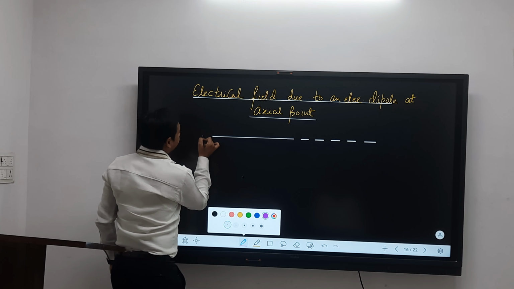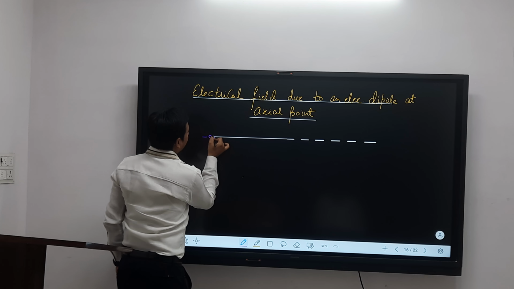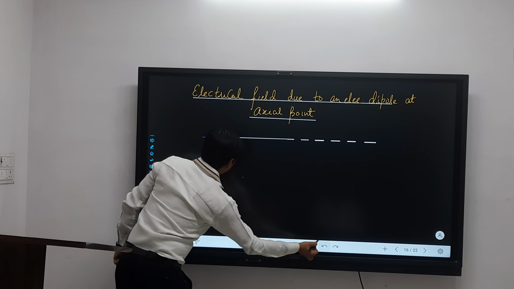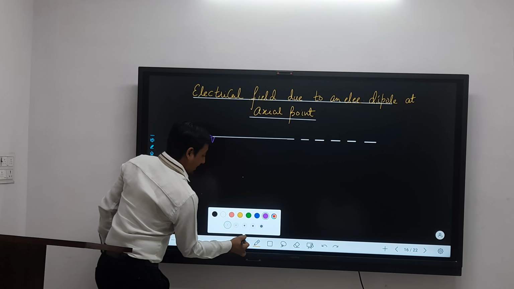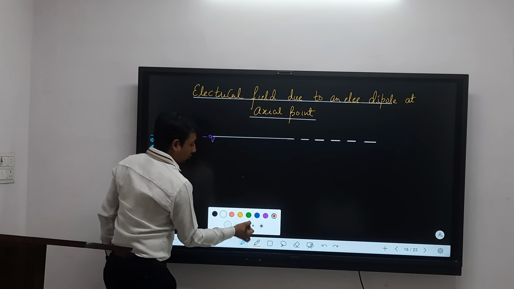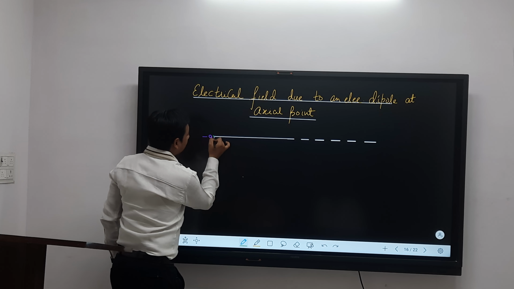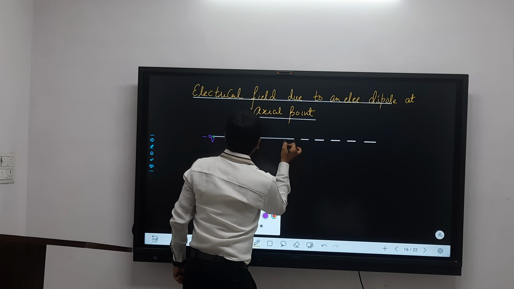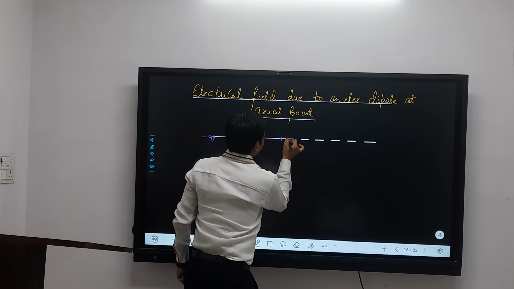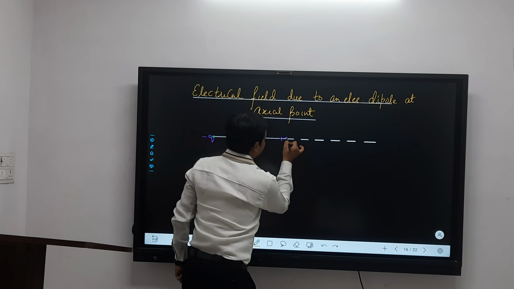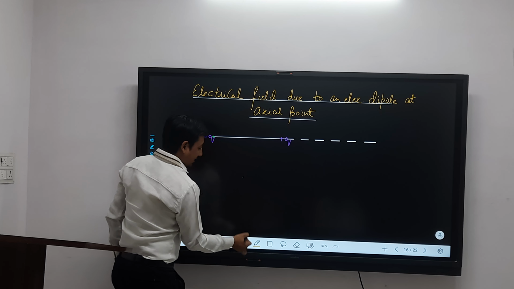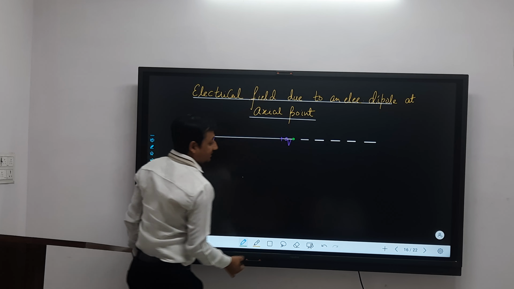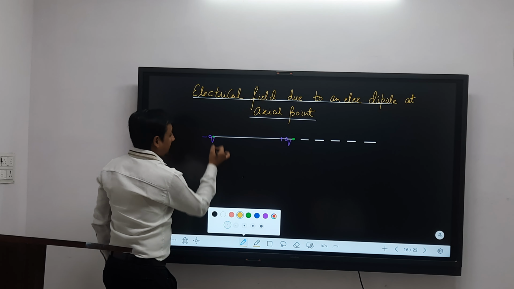We know this is the minus q charge. As you all know, the direction of the electrical field is always from minus q to plus q. So we assume it like this: plus q is placed here, and minus q is placed here.